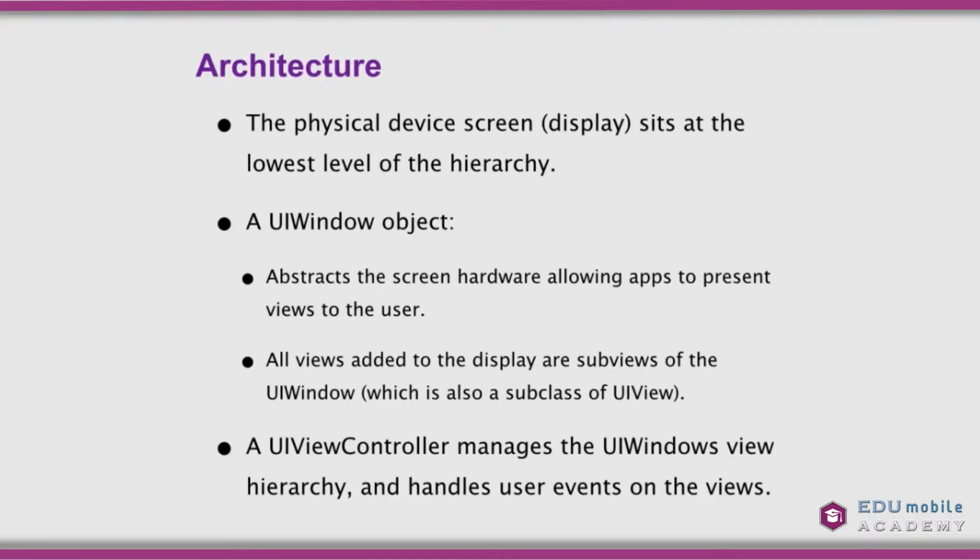So the next level is something called a UI window object. A UI window abstracts that hardware into code and allows you, the developer, to present views to the user. All views that are added to the display somehow, and we'll talk about that in a minute, are subviews of the UI window.